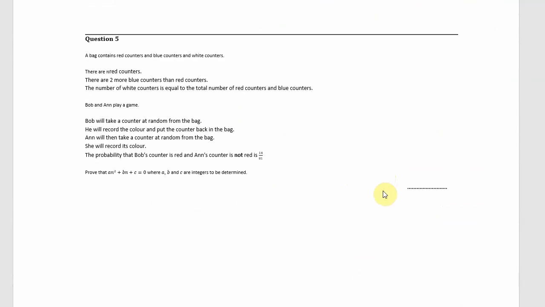Question 5. Red is n. There's 2 more blue counters than red counters, so blue is going to be n plus 2. The number of white counters is equal to the total number of these, so add them together, 2n plus 2.